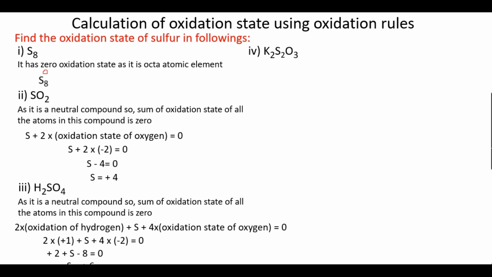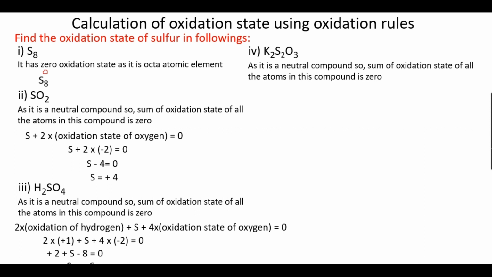Another example shows that we have K2S2O3, a compound called potassium thiosulfate. If we are going to find the oxidation state of sulfur in this compound, again use the rule that the sum of the oxidation states of all the atoms will be equal to 0 in a neutral compound.